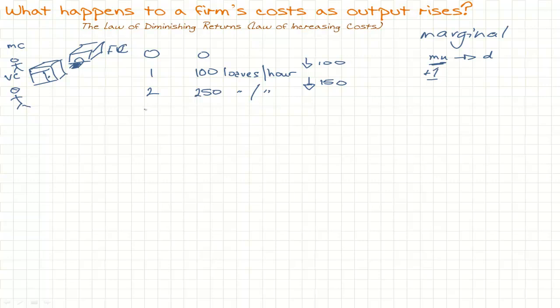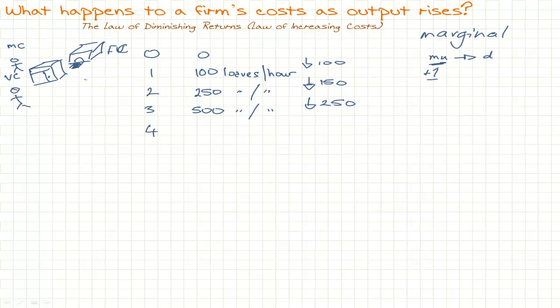Now let's say he adds a third person, and this time output goes up to 500. So that's really making things a lot better. So the question is, what's our marginal output? Our marginal output is now 250. So that person was well worth getting. Now let's say they get a fourth person. Now if you think about it, at some stage you're going to have too many people.